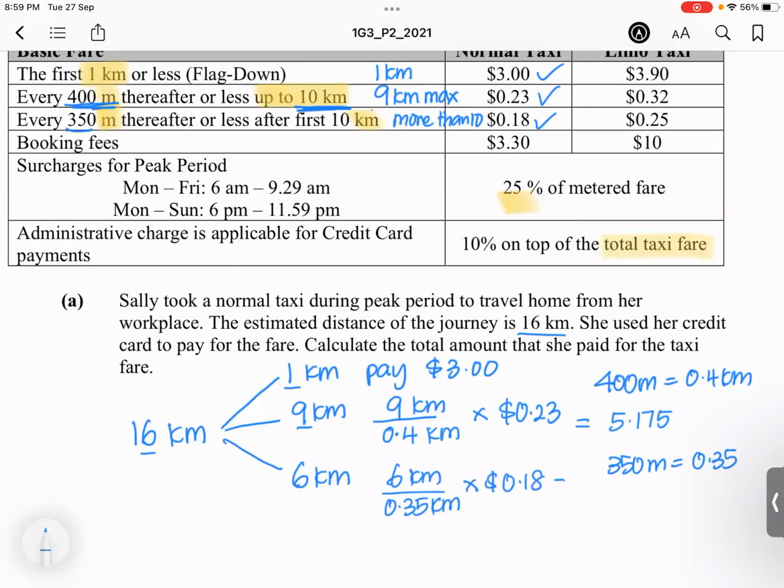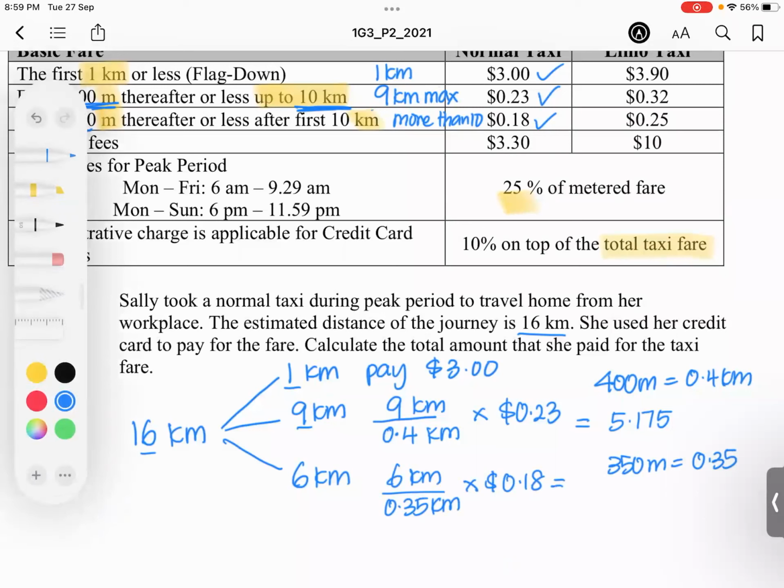Let me find this answer. This is quite a long number, so I round it off to 3.0857.